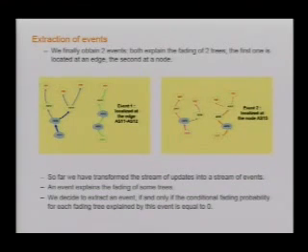And now, this step is realized in real time, many times. It's a very quick step. And we decide to extract an event when we do not receive a new update of a tree after 2 minutes. This was explained by the interarrival time of BGP updates we saw previously.